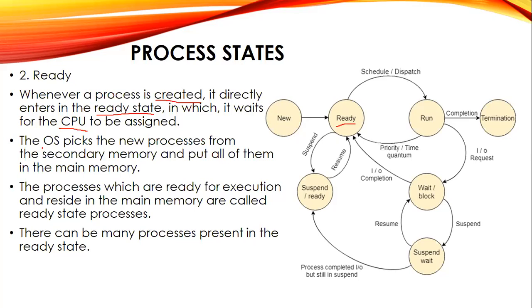The operating system picks the new processes from the secondary memory and puts them in the main memory. The processes which are ready for execution and reside in the main memory are called ready state processes.